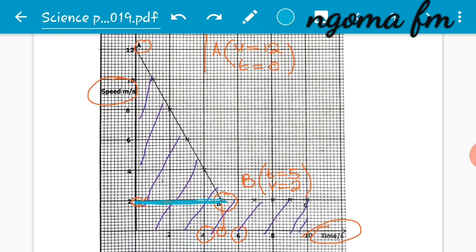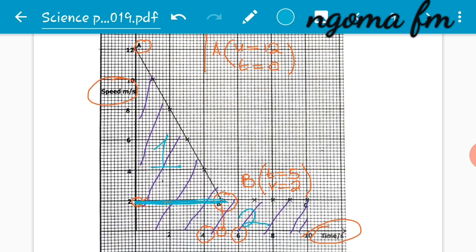I'll just cut it into 2 simple shapes. This is shape number 1. This is shape number 2. So I've got a triangle and a rectangle.